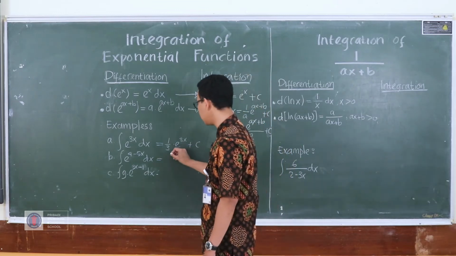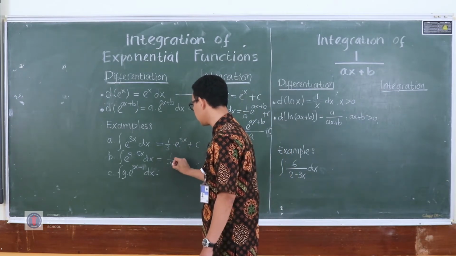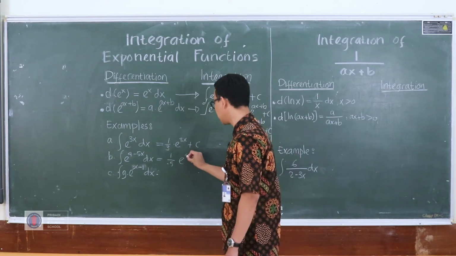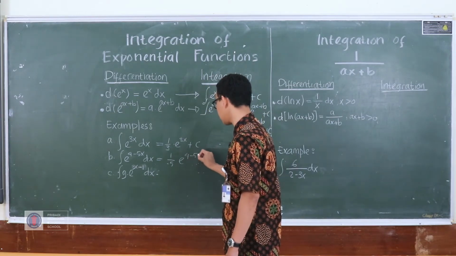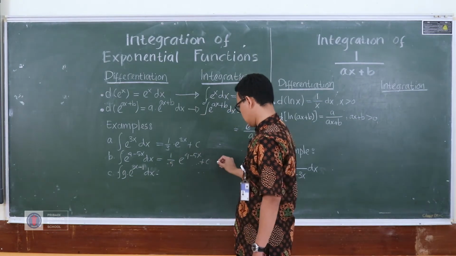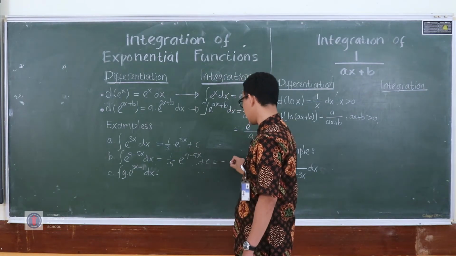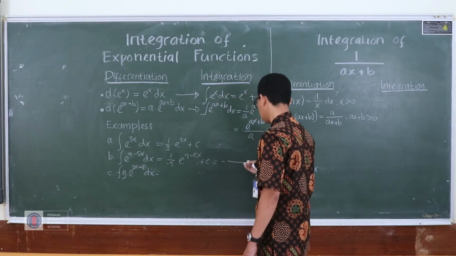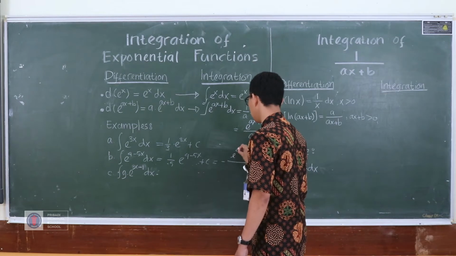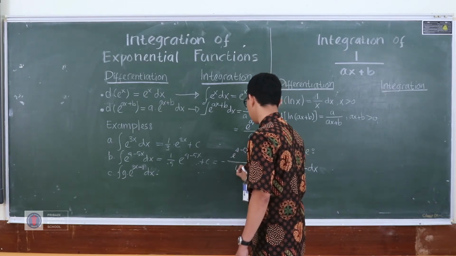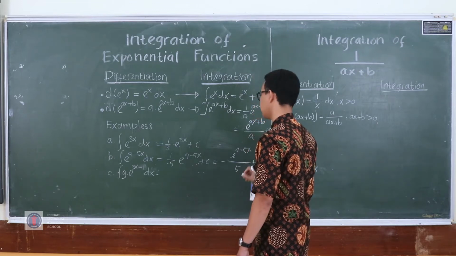So 1 over minus 5 times e to the 4 minus 5x plus c. So here, you can rewrite as negative of e to the 4 minus 5x over 5 plus c.